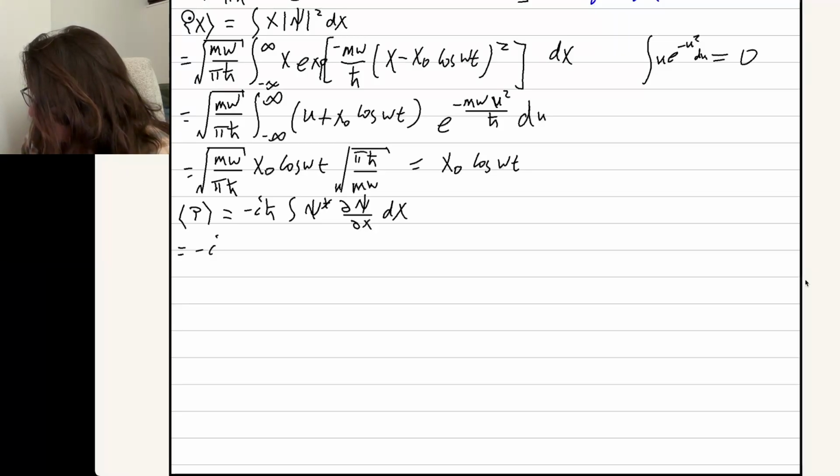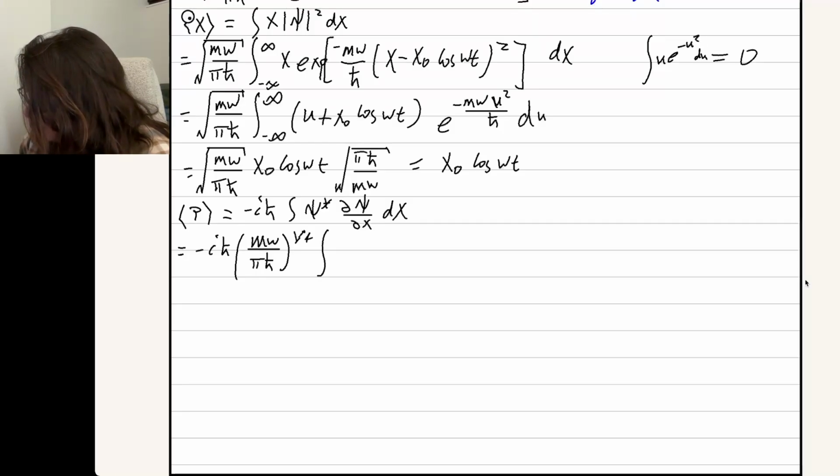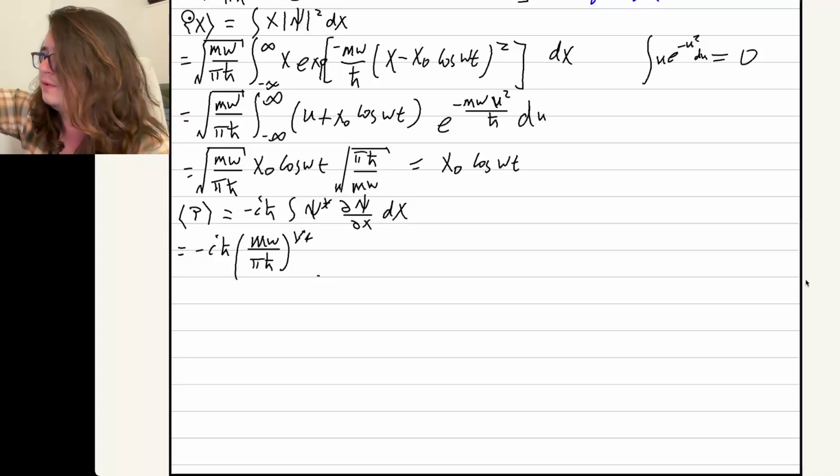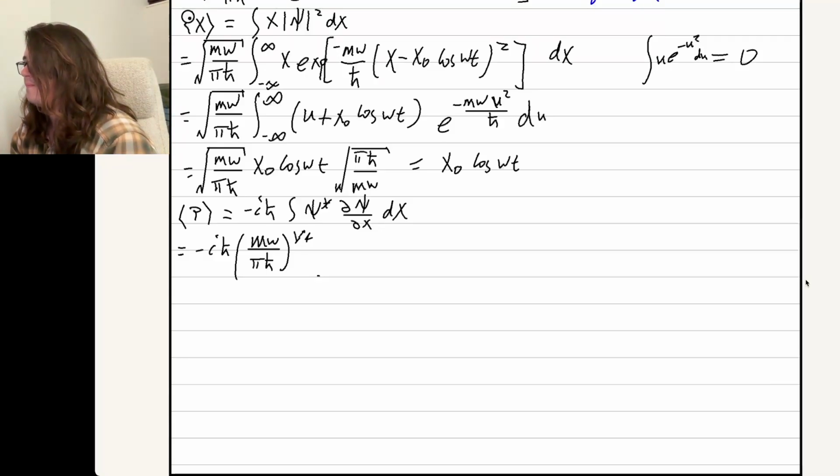So we'll have minus i h bar times m omega over pi h bar to the 1/4, haha, to the 1/4, integral, and then also there's another term that we can pull out of the derivative before putting it all behind the integration.